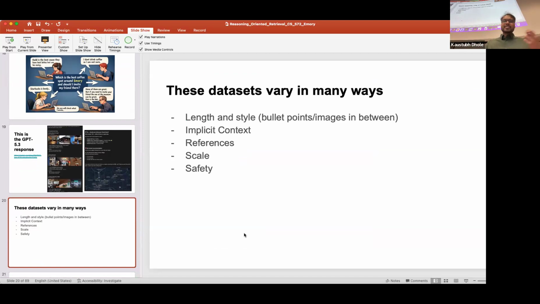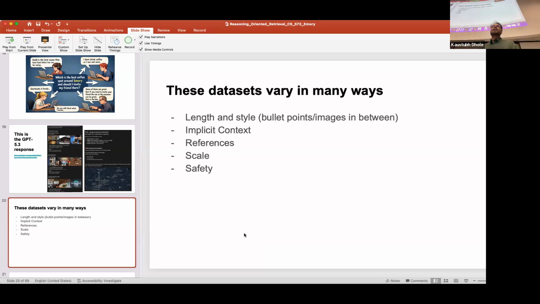So much of these NLP data sets, which we saw previously in the last decade, varied a lot in different ways. They varied in length and style. Some had bullet points, some had images. Then there was implicit context, when people wrote down these examples, people had different assumptions and different cultural contexts in mind. Then the question is whether we wanted to add references or not.